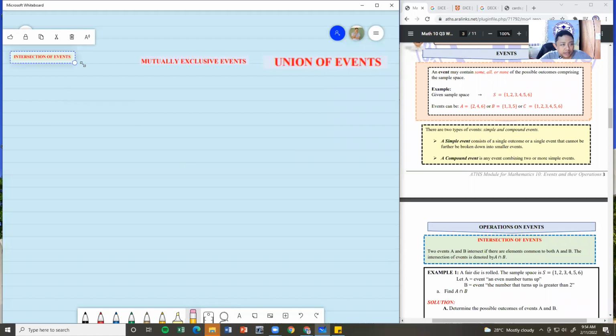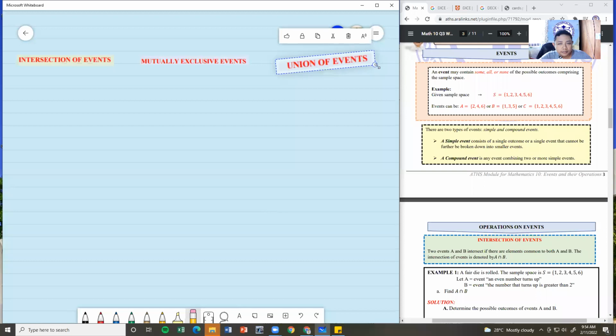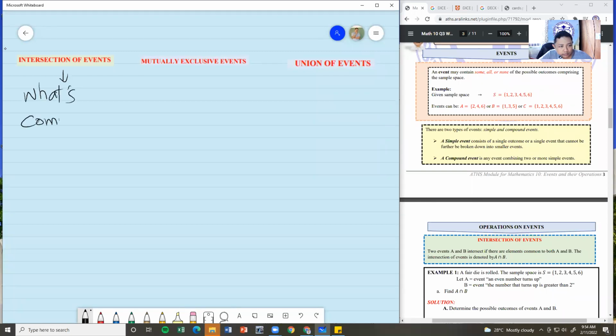Here, we now have three concepts to differentiate. When you say union of events, intersection of events, we are talking about what's common. Tama? Whatever is there in the first event is also there in the second event. So that's the intersection of events. And there is always an answer here. Okay? Now, for the mutually exclusive event, there is no common.